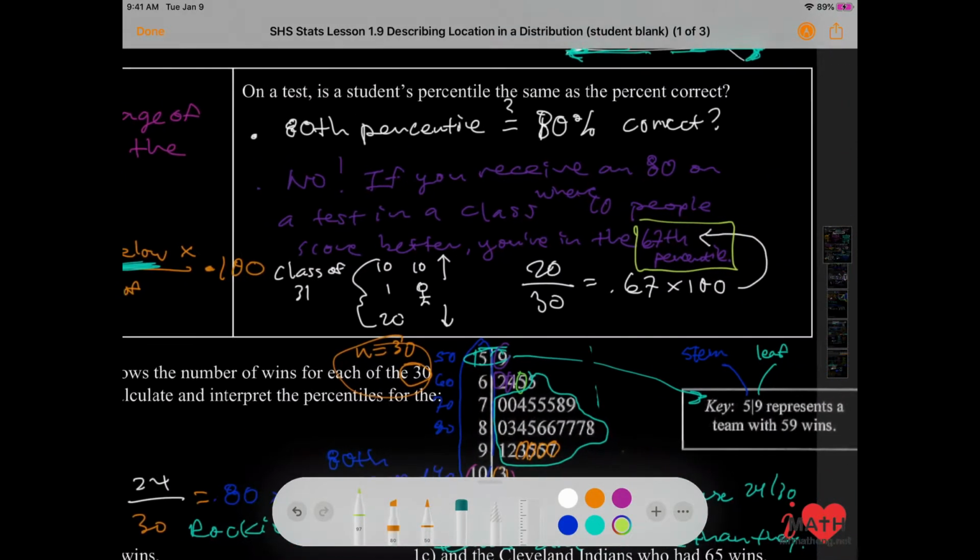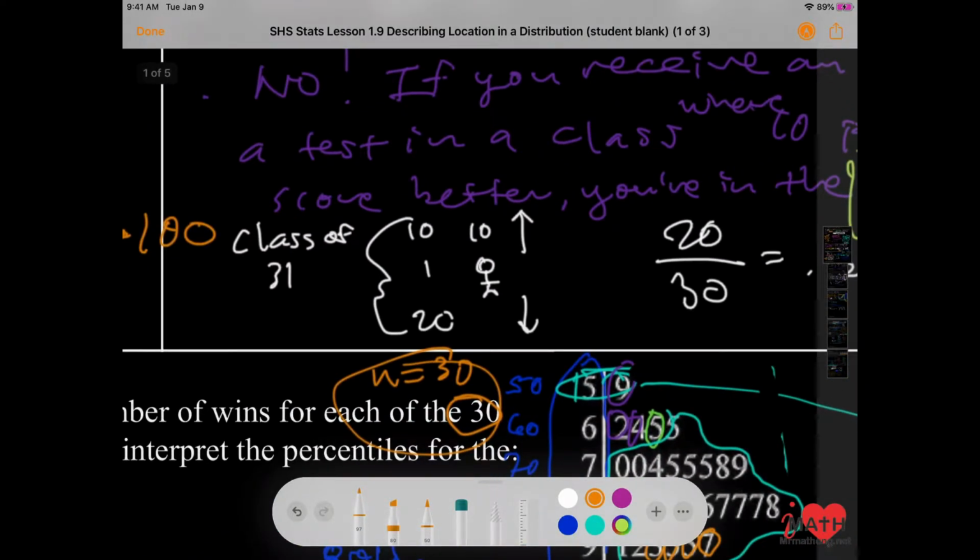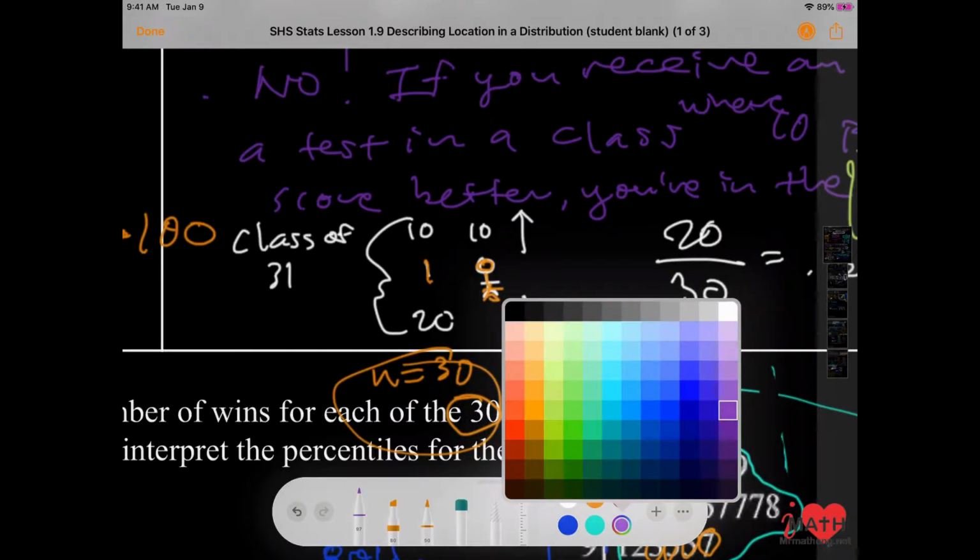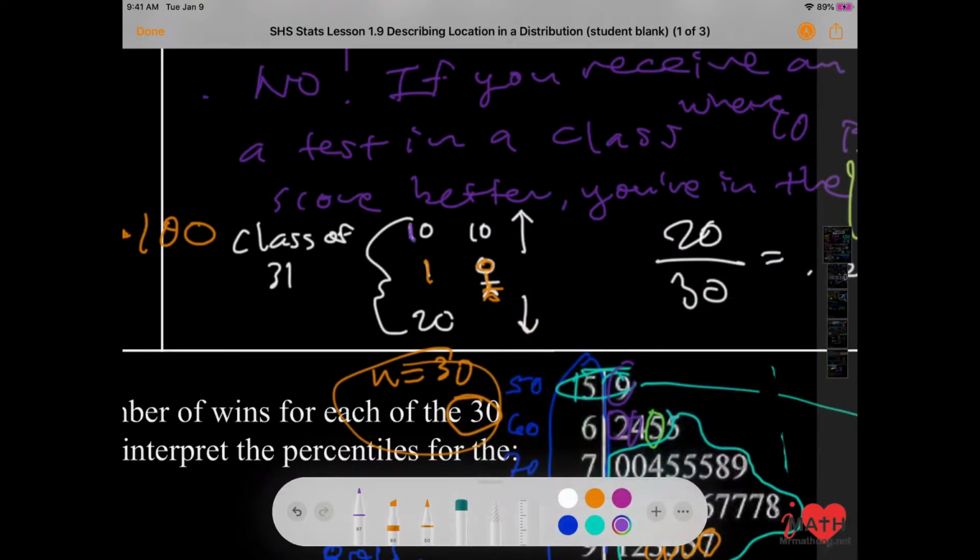Okay, so again, let's just say you are here, you're the stick figure, and we said in there that 10 people scored above you, so this is the 10. And let's just say you're in a class of 31 people, so that means there's 20 other people in the class. That means that 20 people are below you.